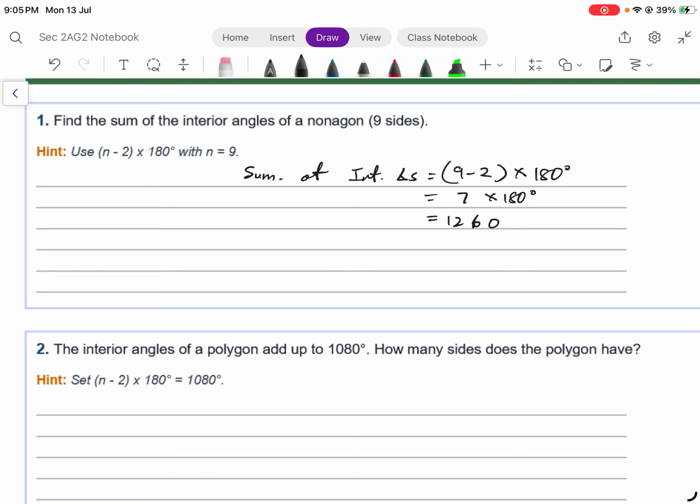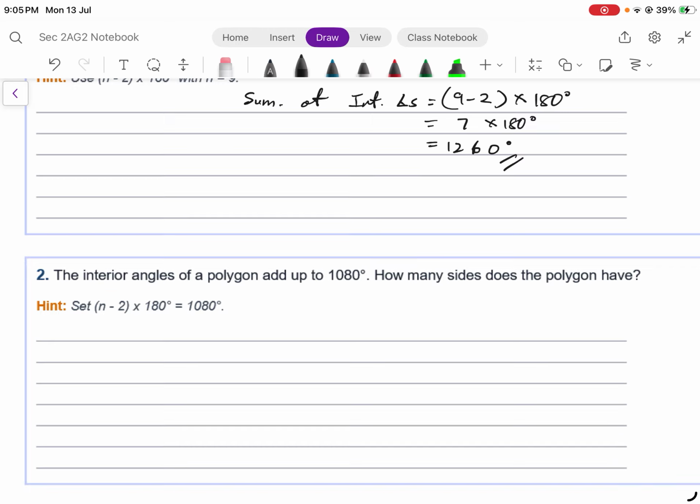Let me pull out my calculator. So it's 7 times 180, which is 1260. Yep, so this is the correct answer.